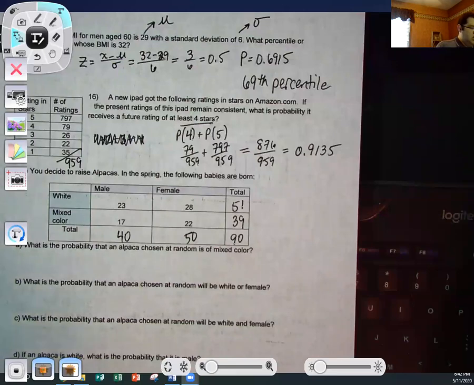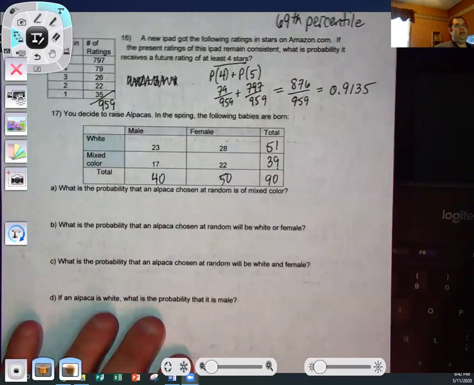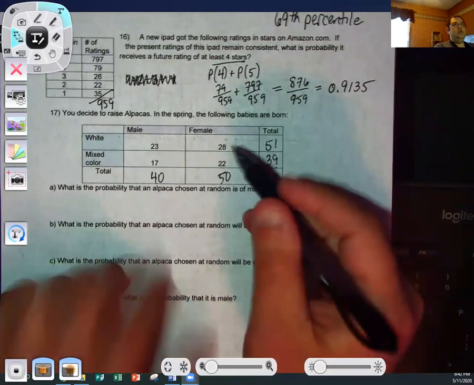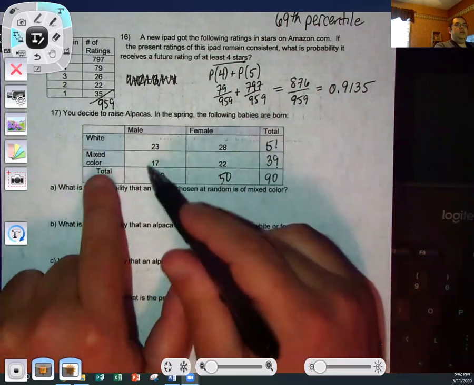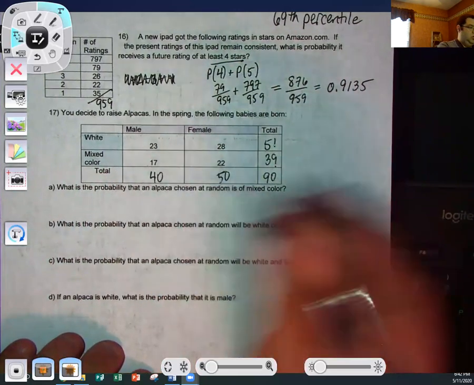Okay. So the idea here is that for part A, they want to know what's the probability that an alpaca chosen at random is of mixed color. So we look, how many mixed color alpacas are there? 39 out of the total.